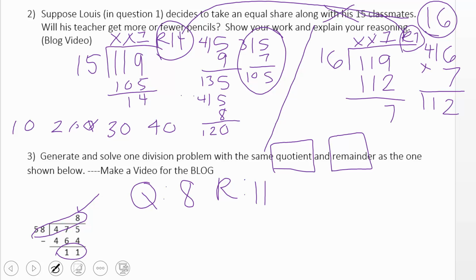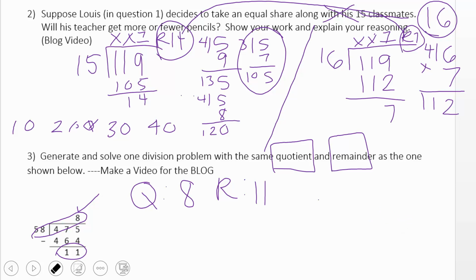So let's see here. Basically, it's going to look like this. It's going to be something times 8, and then I have to add that answer plus 11, right? I really could pick anything. So let me give us some more room here.